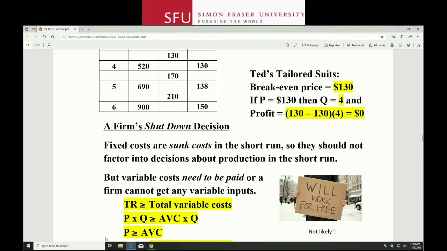So the price has to be greater than or equal to your average variable cost.